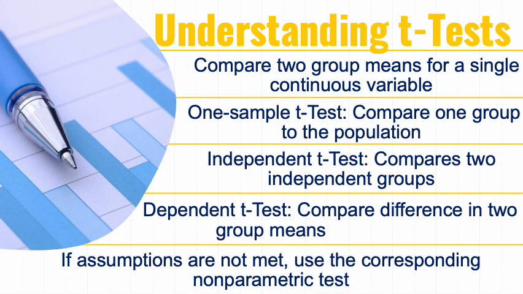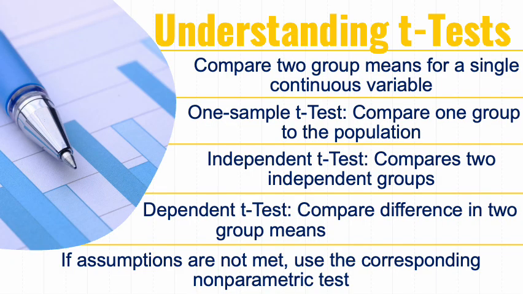In summary, t-tests are the set of parametric tests used to compare two group means. These tests allow us to make comparisons between groups on a single dependent variable, and the variable must be continuous for us to compare means. A one-sample t-test allows us to compare a group mean to a known population mean.